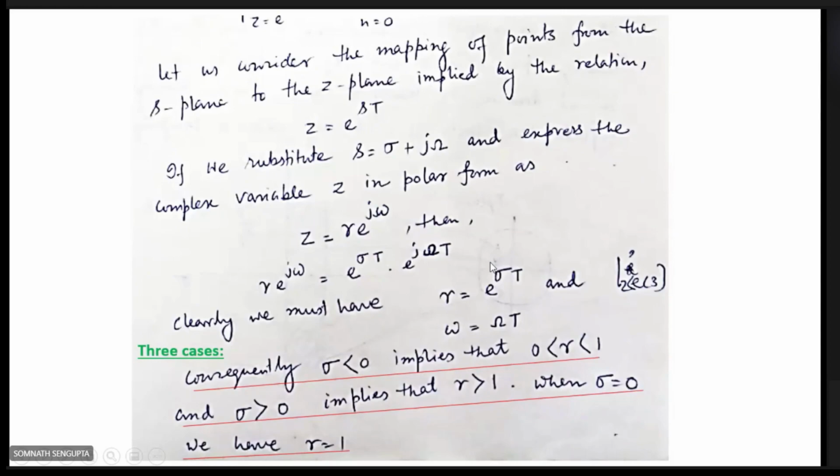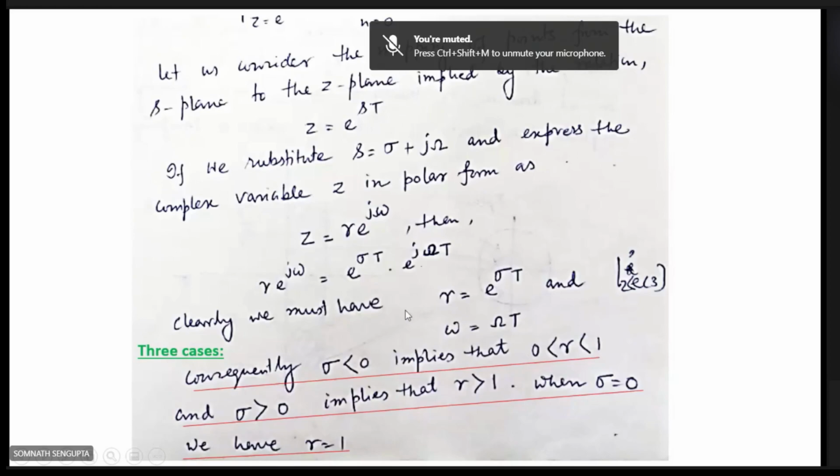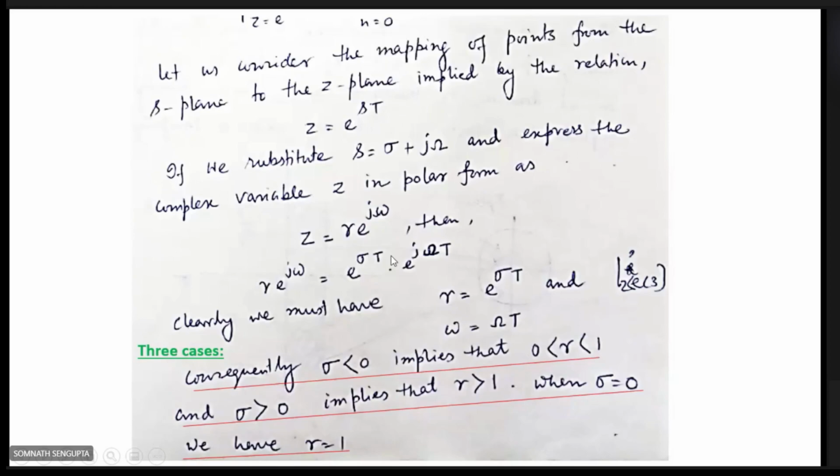If sigma is greater than 0, it is the right half S plane. If sigma is equal to 0, it is only the j omega axis of the S plane. So the points on the left half S plane, the right half S plane, and the j omega axis are mapped to the Z plane.